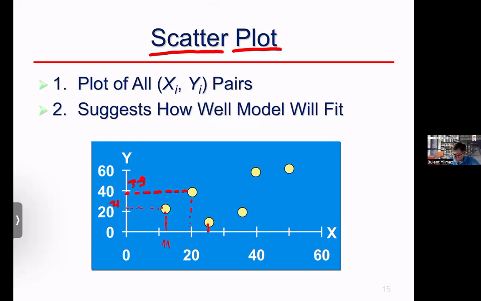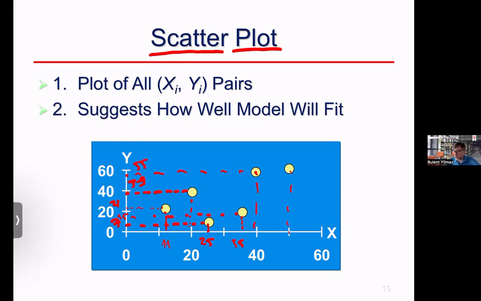This is 25 versus 7. This is 35 versus, let's say, 15, and 40 versus 55, and 50 versus 58.